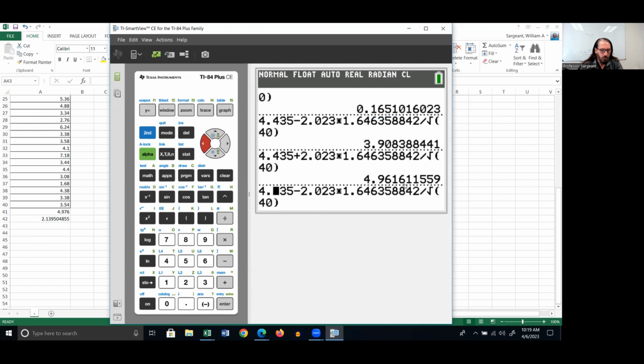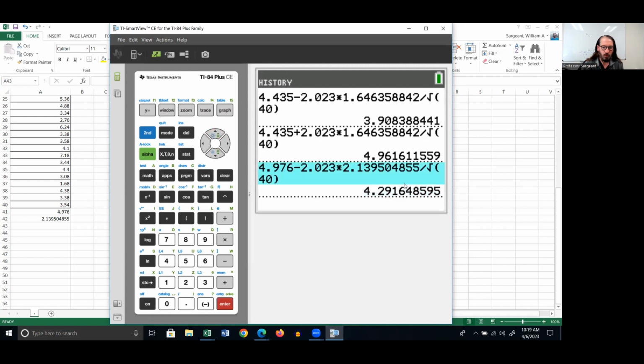Replace the 4.435 with 4.976. For the reasons I was just talking about, we're still using the same t-value. So replace the S with what I'm typing in now, 0.139504855. Okay, lower bound.